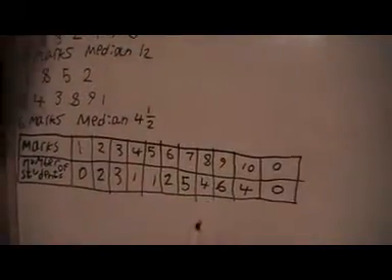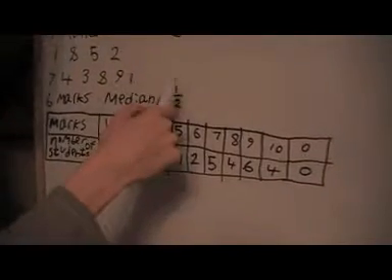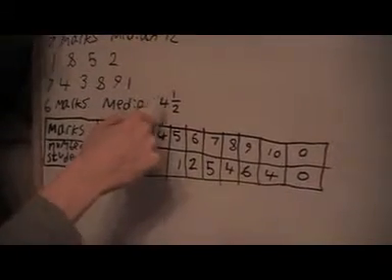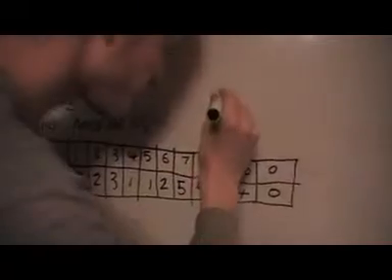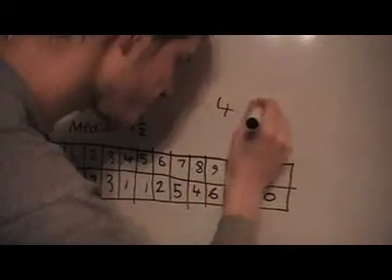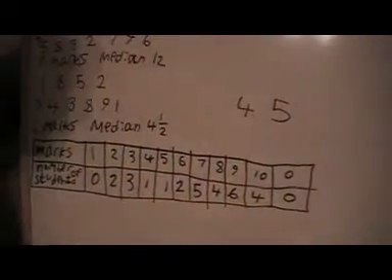Because when we divide 9 by 2, we get 4.5. Remember, that was the method, so I'm just working backwards here and putting numbers in. So let's put 4 and 5 in the middle, because that adds up to 9.